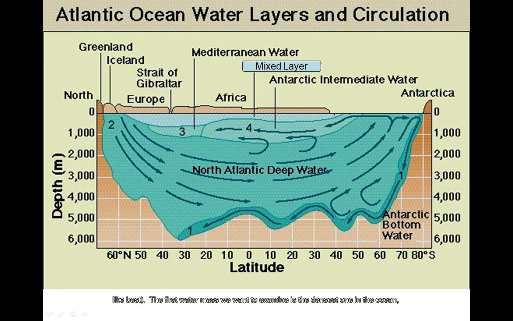Now, the first water mass we want to examine is the densest one that we have in the ocean, called Antarctic bottom water. It is going to originate or get its properties while exposed to the surface of the ocean next to Antarctica. And that's over on the far right or south side of this diagram.